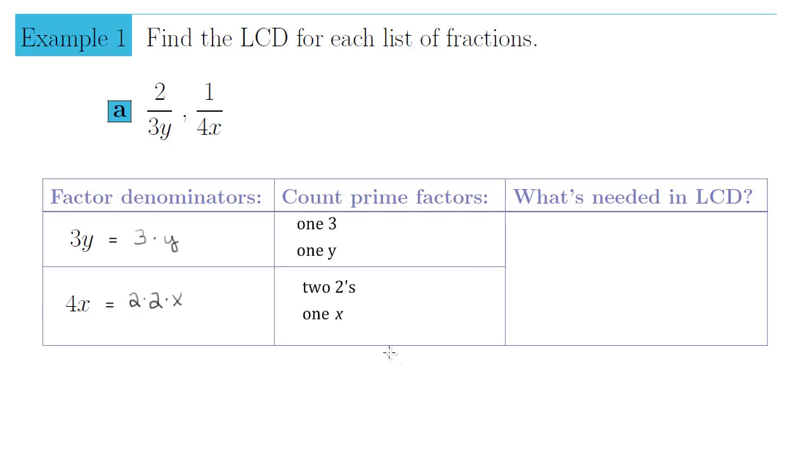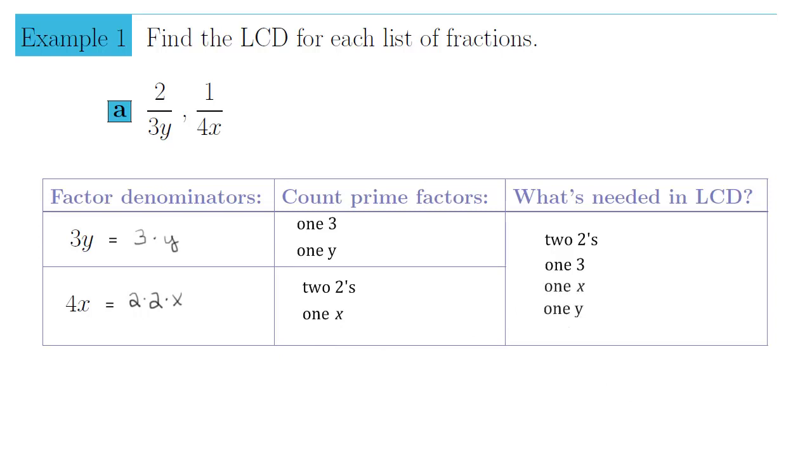We first look at the number of 2's. 2 2's is the greatest number it occurs in any single factor, so we need 2 2's. 1 3 is the greatest number of times any 3's appear in a factorization, so we need 1 3. 1 x and 1 y. That's the most number either of those variables appear, so we'll also need 1 x and 1 y in our LCD.